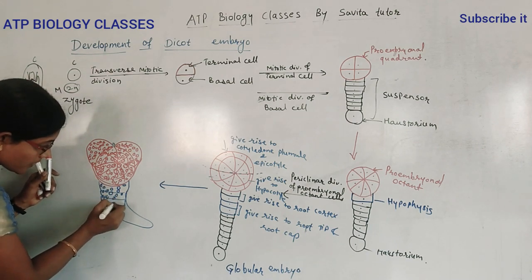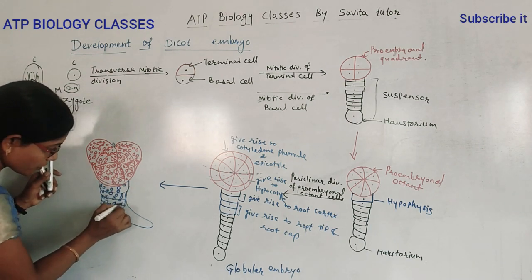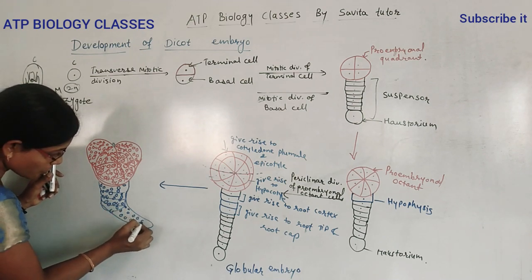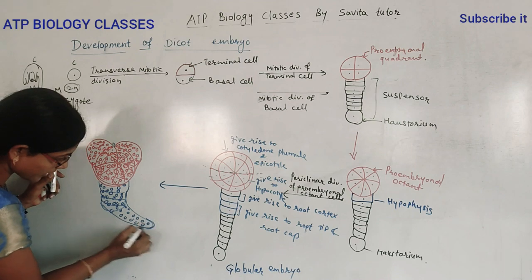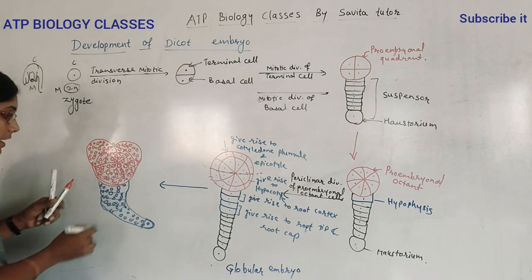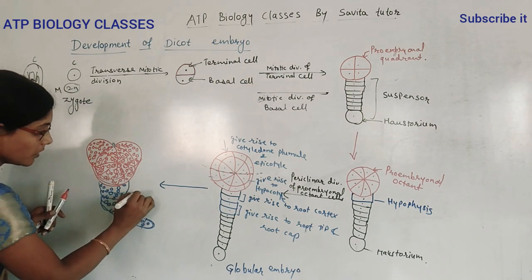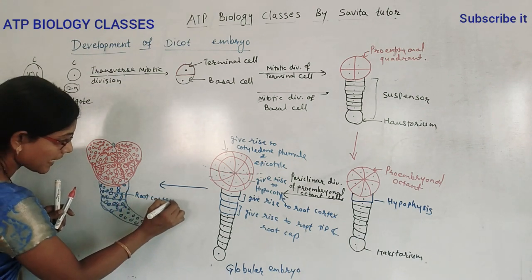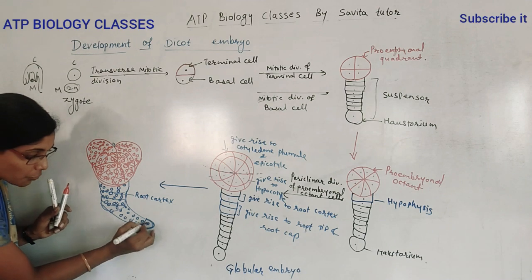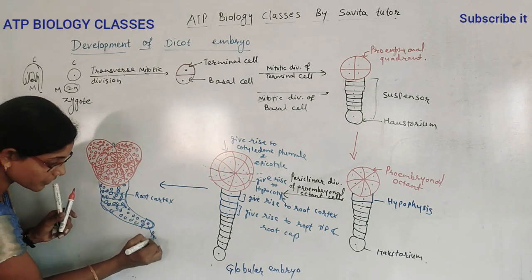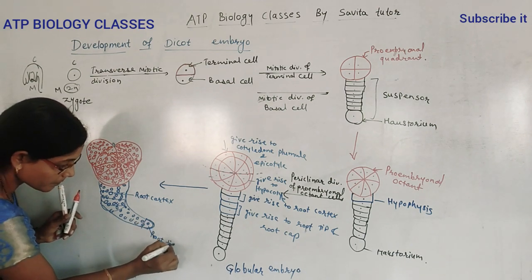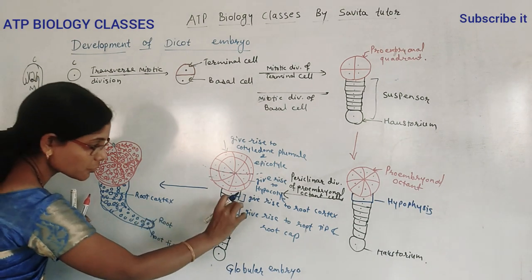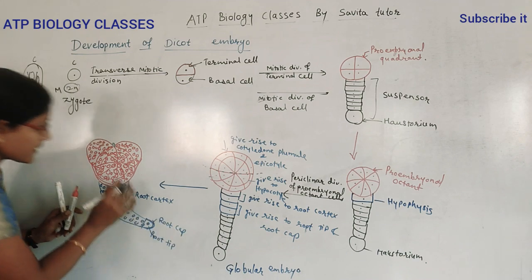They will form the root cortex, the upper two cells, and the lower two cells will form root tip and the root cap, right? So these two half cells are forming root cortex, and this one part, root tip and the root cap, is here. Root tip and the root cap, which is formed from these two cells, right?